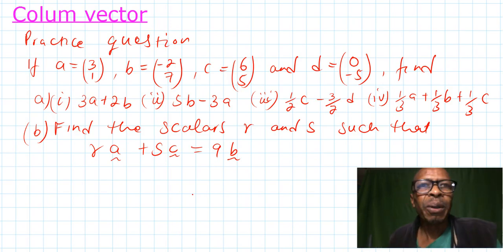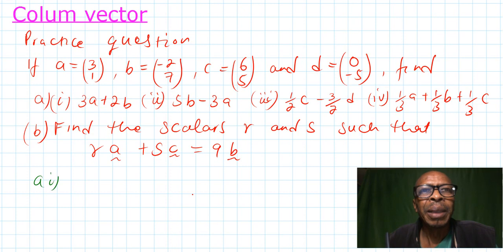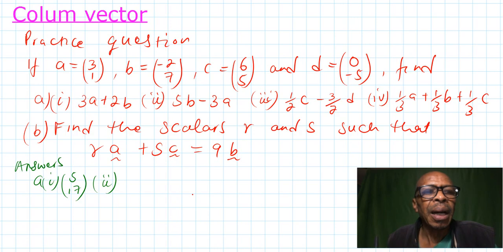Let me provide solutions for you in case you work it out. So we have A, Roman number 1, you should get (5, 17). So these are answers. Roman number 2, you get (21, -16).